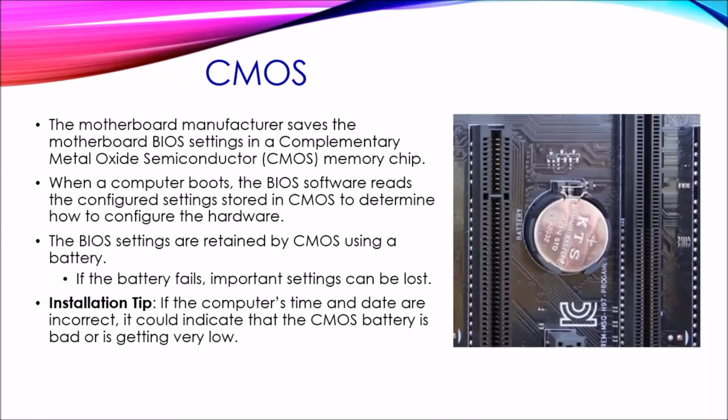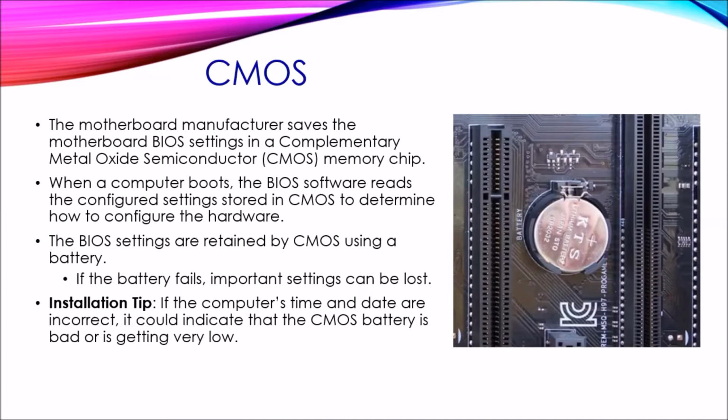CMOS. The motherboard manufacturers save the motherboard BIOS settings in a complementary metal oxide semiconductor, CMOS, memory chip. When a computer boots, the BIOS software reads the configured settings stored in CMOS to determine how to configure the hardware.